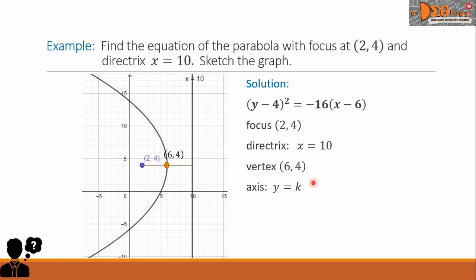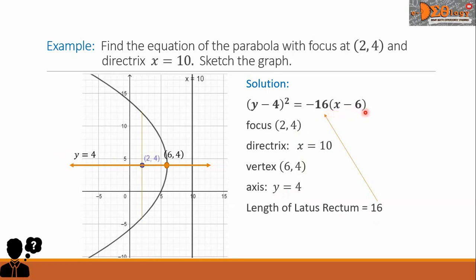Remember, this k is the y coordinate of the focus. So we can write now y equals 4. And this is now the axis. Next is the length of latus rectum, and we write this as 16. We simply copied the positive coefficient of this (x minus 6), and this is the answer here.